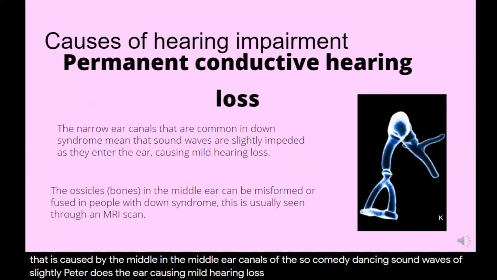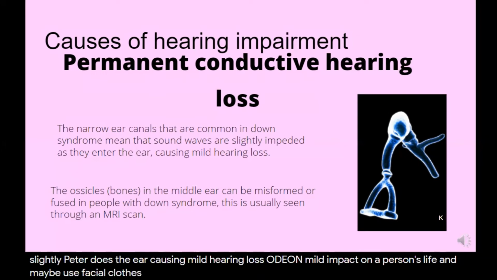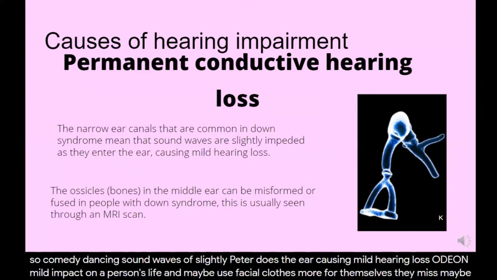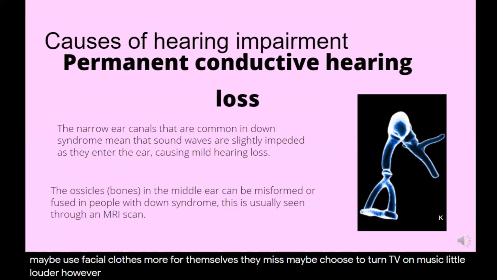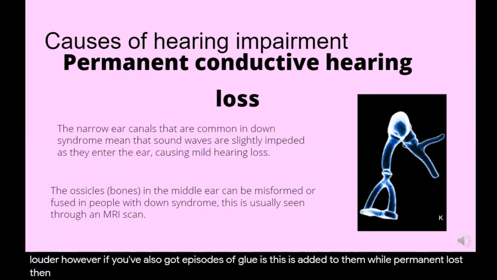Now, a mild hearing loss often has only a mild impact on a person's life. They maybe use facial clues more to fill in sounds they miss, maybe choose to turn the TV or music a little louder. However, if you've also got episodes of glue ear added to the mild permanent loss, then the impact of hearing loss can be greater.